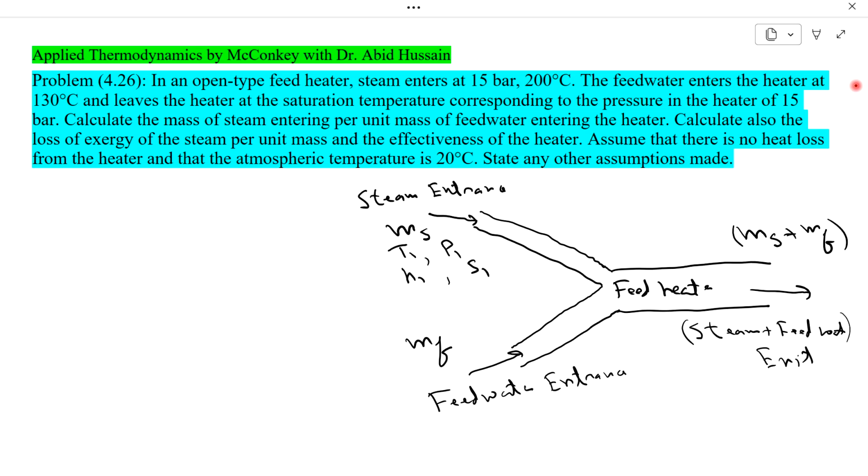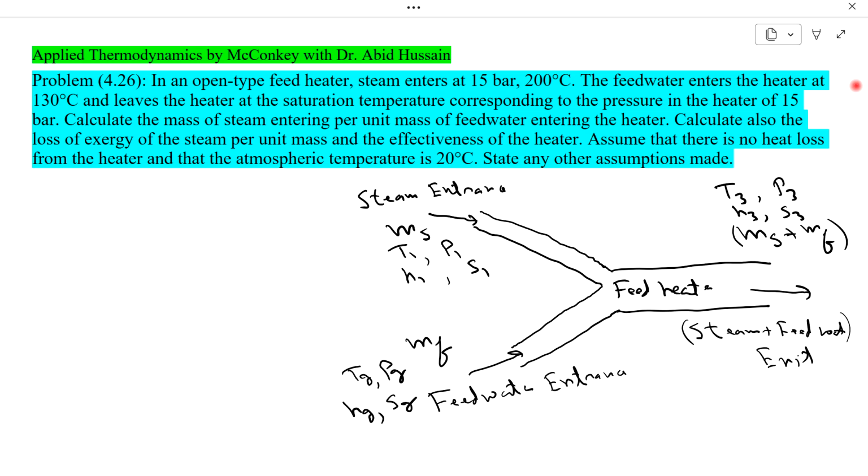Feed water entrance temperature is T2, pressure is P2, enthalpy is H2 and entropy is S2. The temperature of the exit mixture is T3, pressure is P3, enthalpy is H3, and entropy is S3.